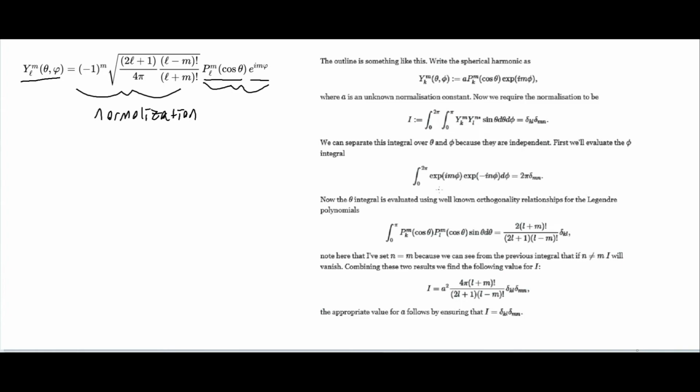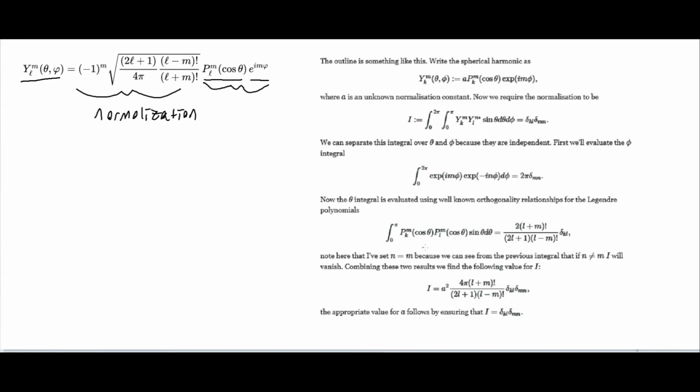We'll evaluate the phi integral, then the theta integral, and this is what we end up getting, this 2 pi, and then all of this stuff right here, which is what you get when we take the integral of the product of these two associated Legendre functions.